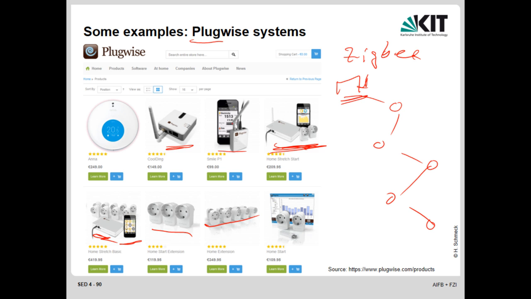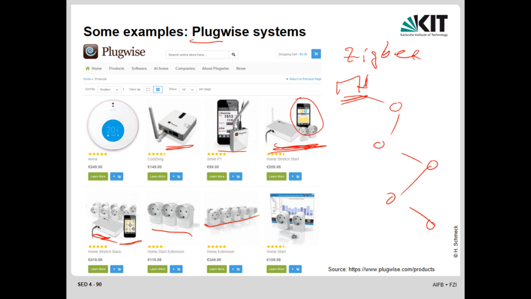Now, there is an app that is provided with this. On the app, you get information on the current status of your house, with respectively the current status of all the plugs you have in your house. It means that you are accessing information which comes from your house, from your plugs.